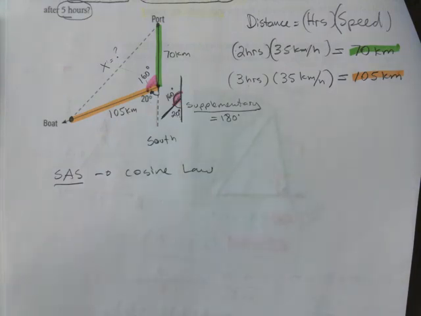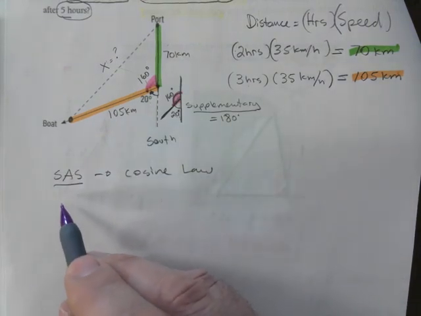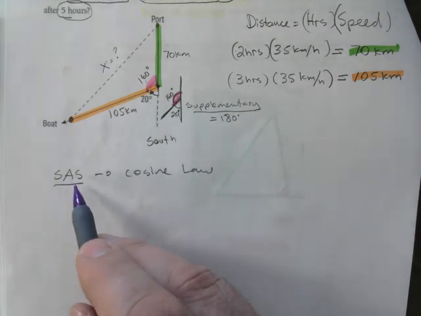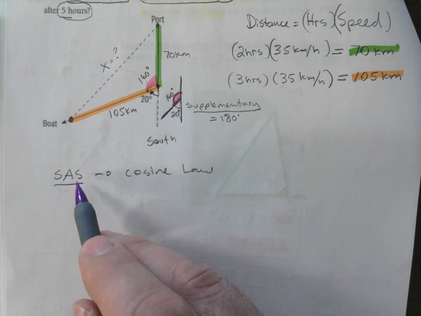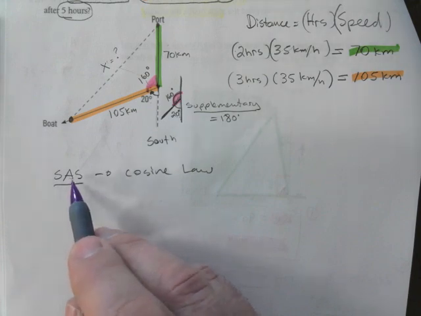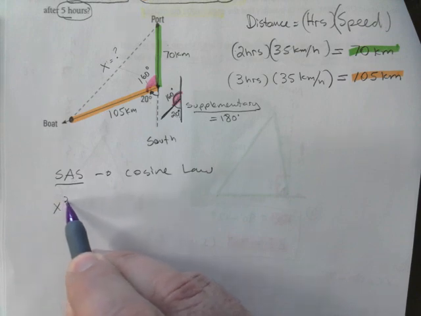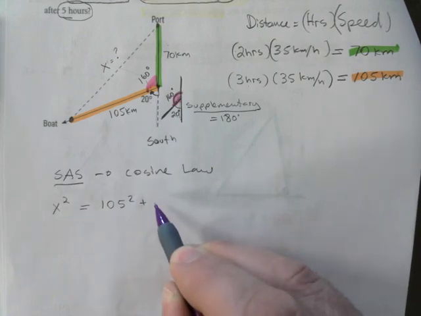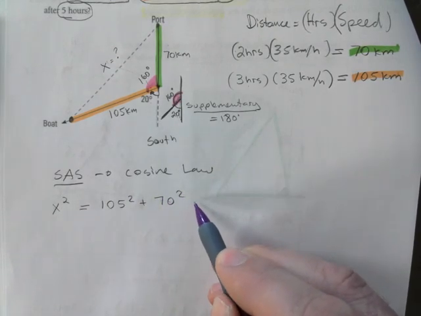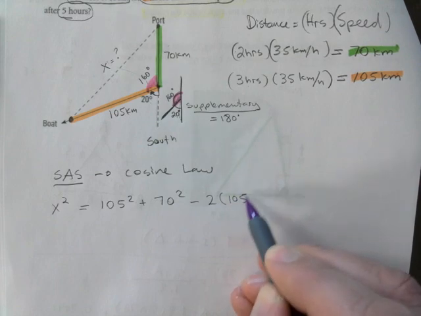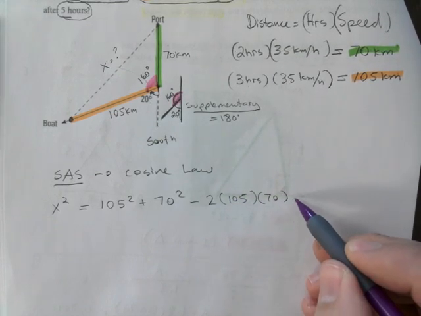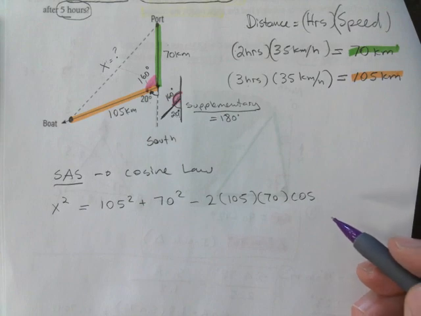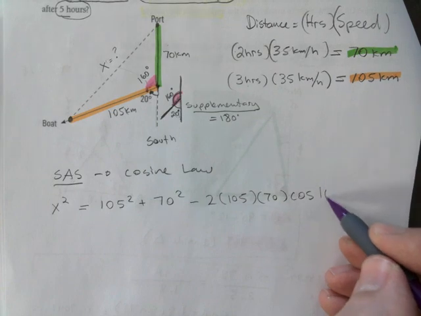And in this particular case, you go to SAS on your study sheet, you should have the formula for an SAS, because for cosine law you have to pick SAS or SSS, right? And so it's this case, so we go x squared is equal to, we take 105 squared plus 70 squared, no decimals in this case, minus 2 times 105 times 70 times cosine, not of 20, right? 20 is not even used, it just helped us, but we will not use it in anything else.